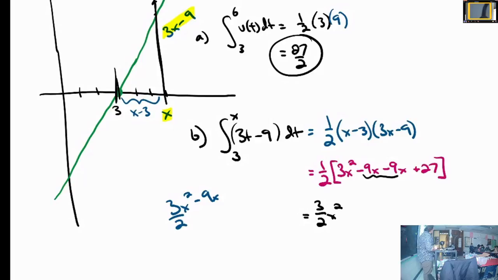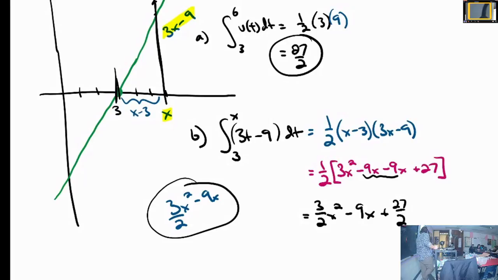Minus 9 becomes minus 18, but 18 divided by 2 is minus 9 anyway, so minus 9x. And you're also going to have this plus 27 over 2 thing going on there, which is interesting, but that's just the constant, because remember, it'll only be 3 over 2 x squared minus 9x on its own if they're starting at 0. Anytime you move the left bound, all you're going to do is add a different constant on here. That doesn't affect the derivative at all.